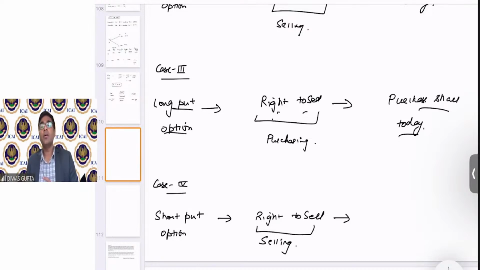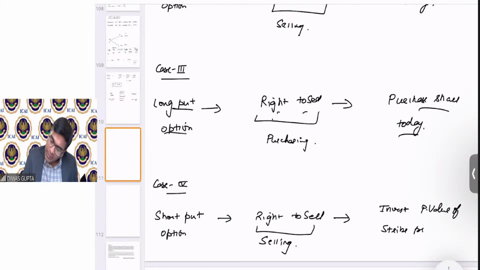Tomorrow, if the exercise of option happens, then I have to purchase the stock. I have to purchase the underlying. If I have to purchase the underlying in future, that means I have to invest the present value of strike price today.